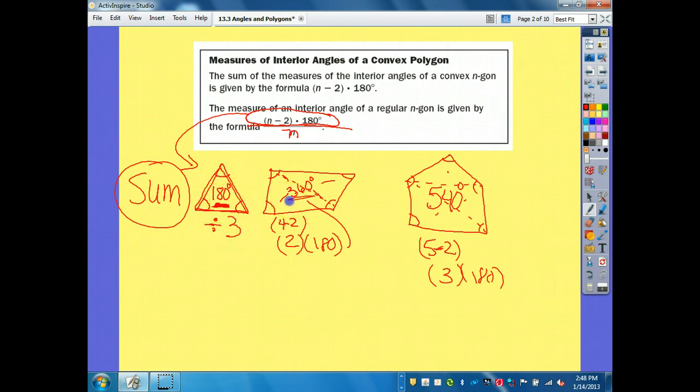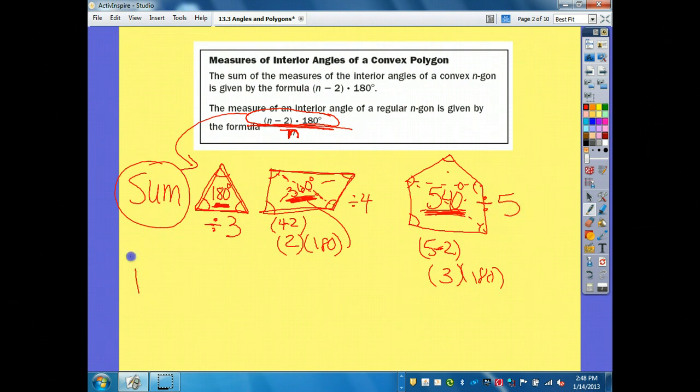Here you'll take your sum, 360, and divide it by how many sides? 4. Here we're going to take 540 and divide it by what? 5. To get an interior angle.